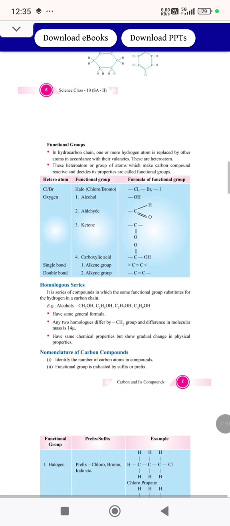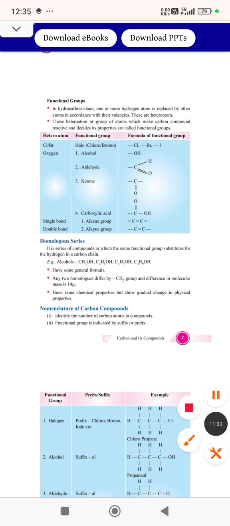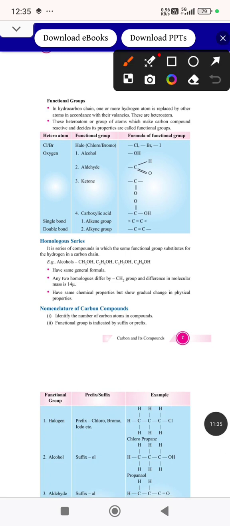Now move on to functional group. In a hydrocarbon chain, one or more hydrogen atoms are replaced by other atoms in accordance with their valencies. These are heteroatoms. These heteroatoms or groups of atoms which make carbon compounds reactive and decide its properties are known as functional groups.